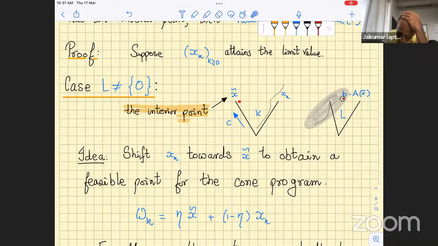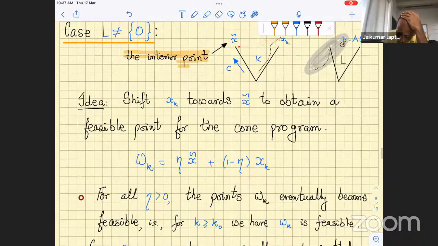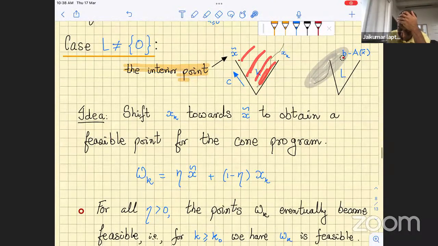So what we are going to do is shift these points xk in the direction x tilde. These are convex cones. So I can take a convex combination of each of these points xk as I'm moving on this line. At each point, I can push this dotted line slightly closer to x tilde.